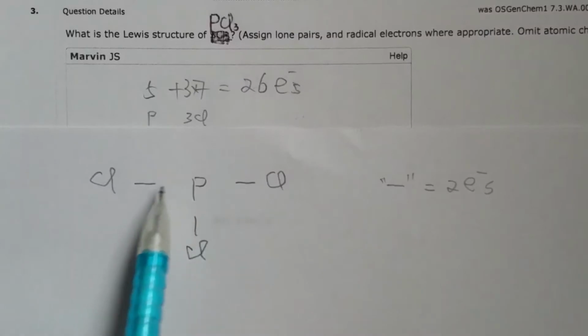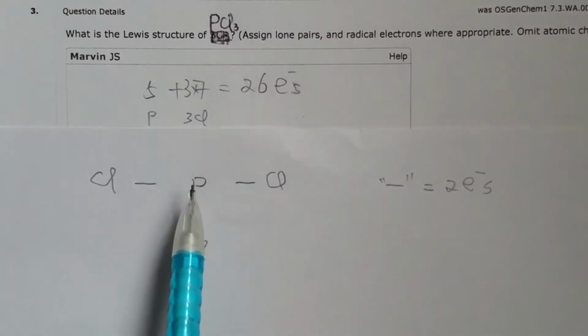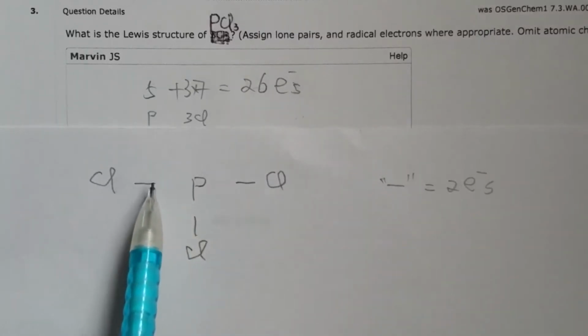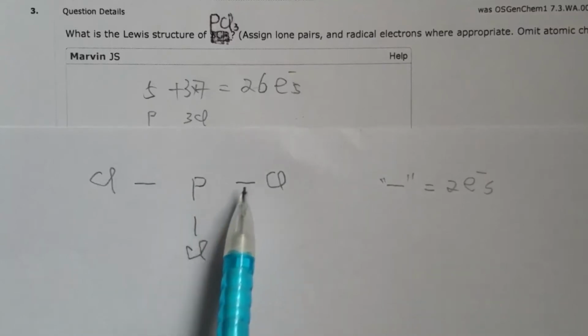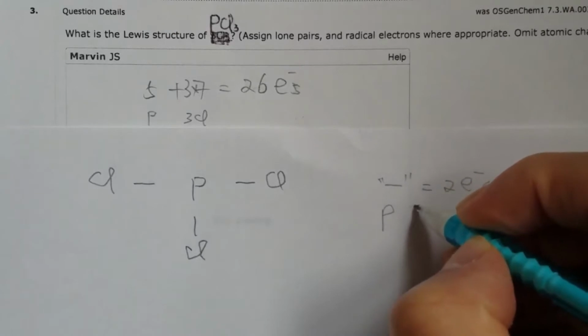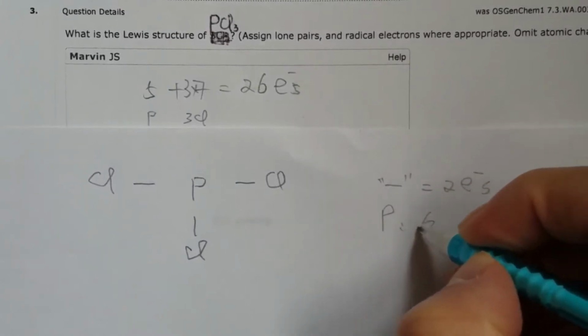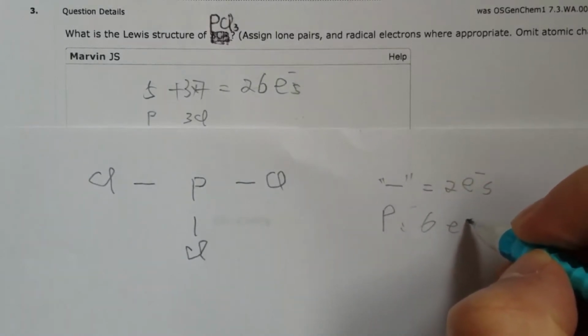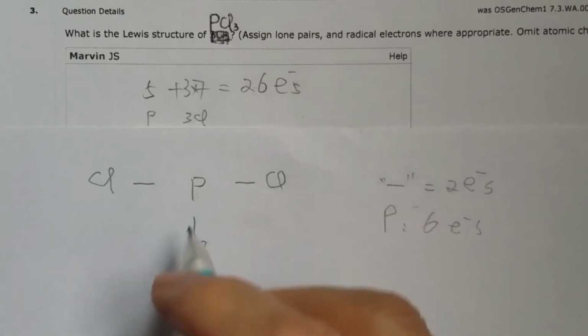As a matter of fact, of course, they share. But when we count the number of electrons, we'll say 2 plus 2 plus 2, 6 for phosphorus. For phosphorus, 6 electrons already there.